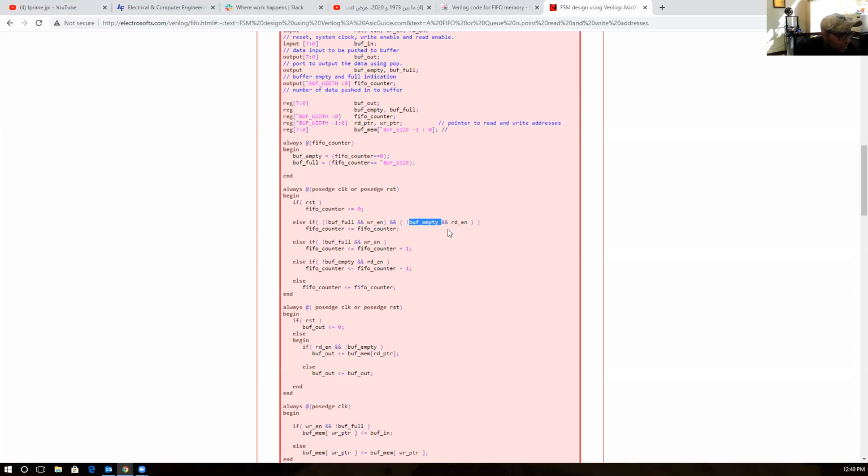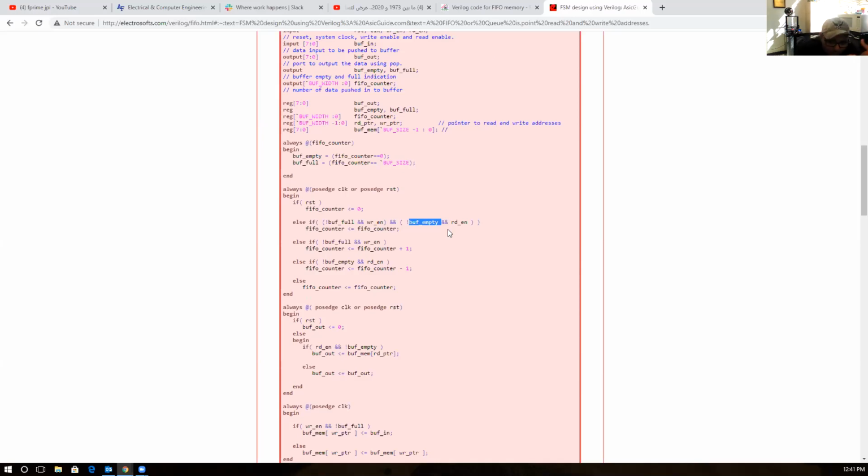That's actually one of the cases that can happen, right? So in that case, I will keep my FIFO counter as it is, because every time it will increment or decrement, at the end of the day I don't need to increment or decrement. That makes sense? That's the compare part. Do you remember when we said there is a block called compare?